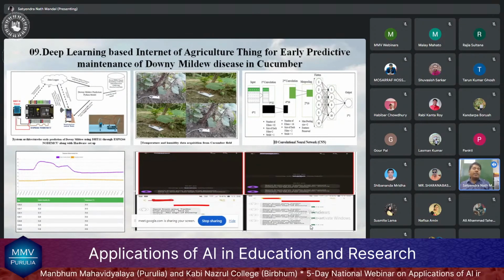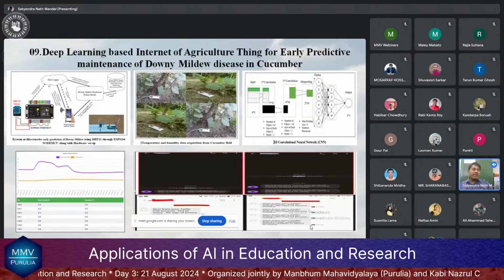We developed an IoT model in our laboratory to collect environmental parameters, that is the maximum temperature, minimum temperature, and humidity as well. And we put this device on the cucumber field to predict the incidence of another dead end disease called downy mildew. Downy mildew is the dead end disease of cucumber.